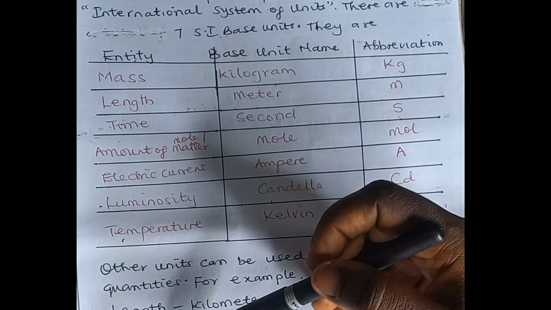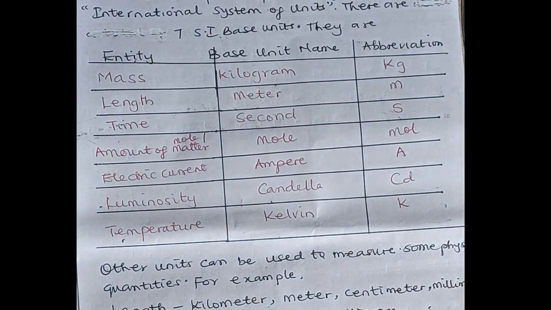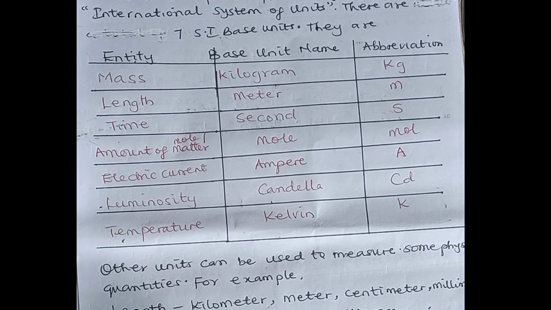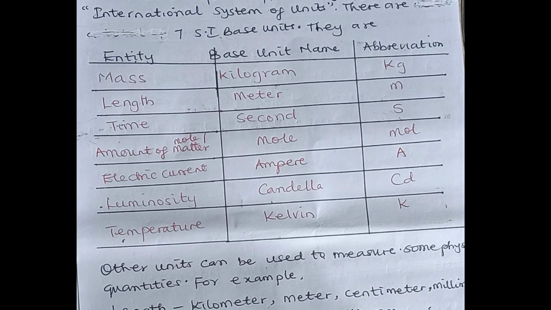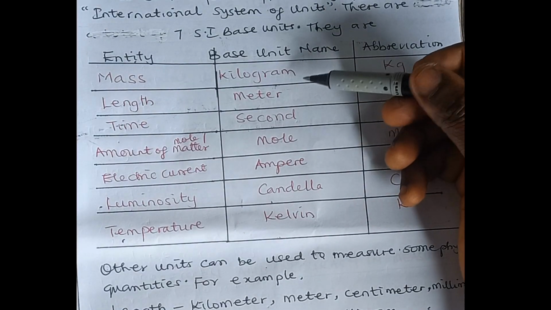Another one is capacity. Let's take mass as an example. Assuming you are working with a mass of 500 gram, and you are expected to convert it to kilogram before you use it in your calculation. What will you do? The fundamental unit of mass is kilogram.